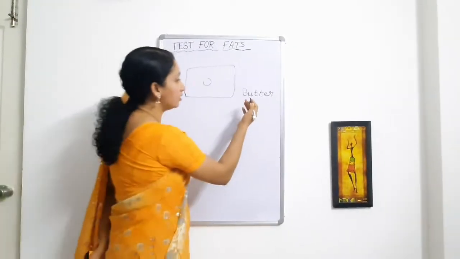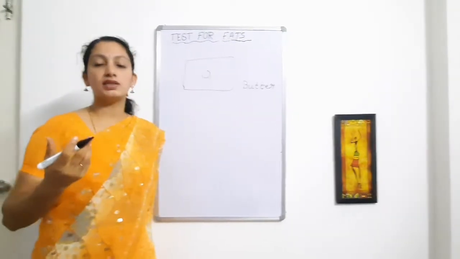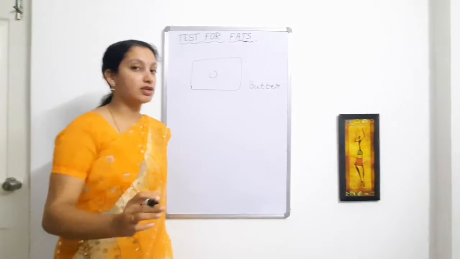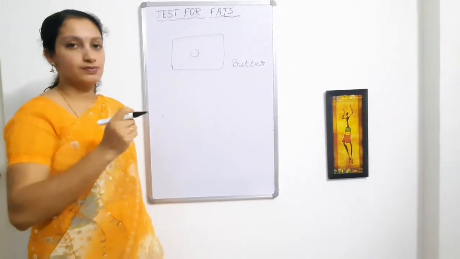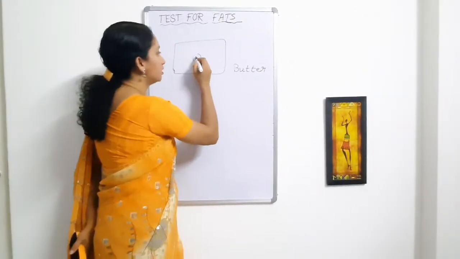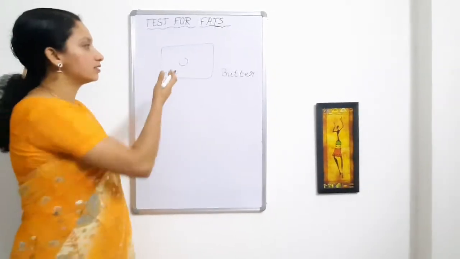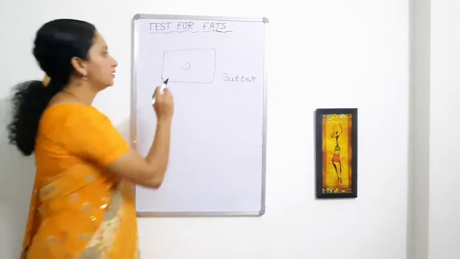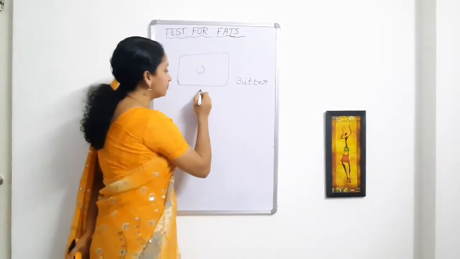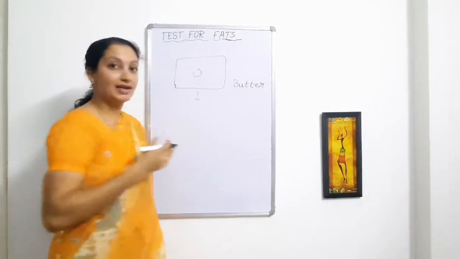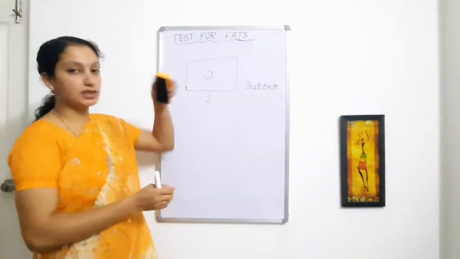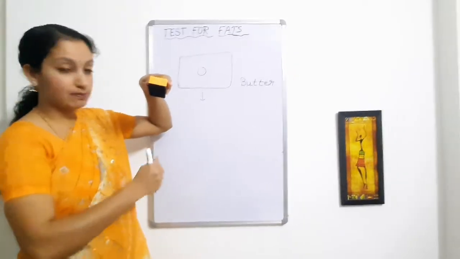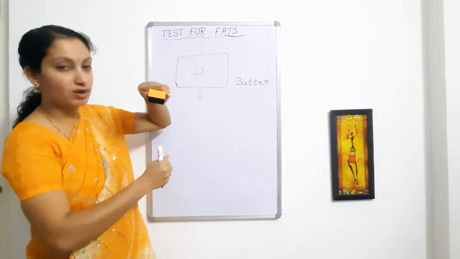If you are using any other solid samples, I told you if it is a solid sample, you need to crush it. Then keep it in one part of this brown paper. Then take this paper to a light source. For example, this is the paper, you have to keep the light source here and show like this.